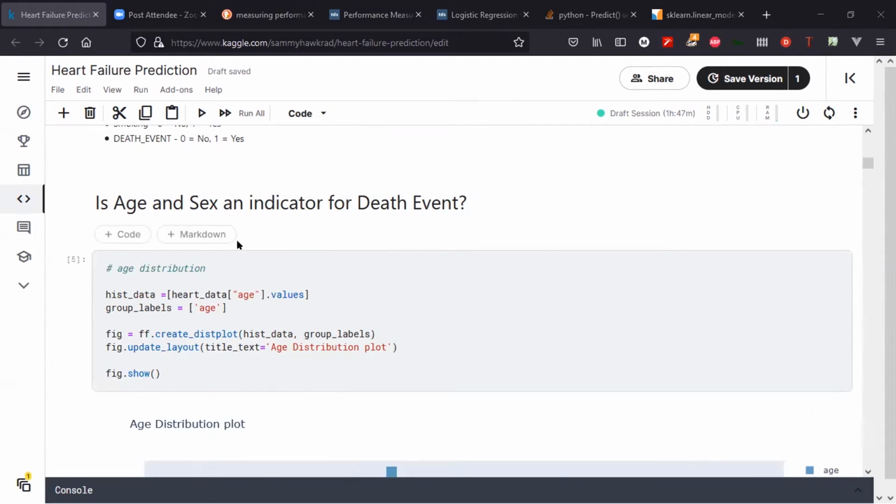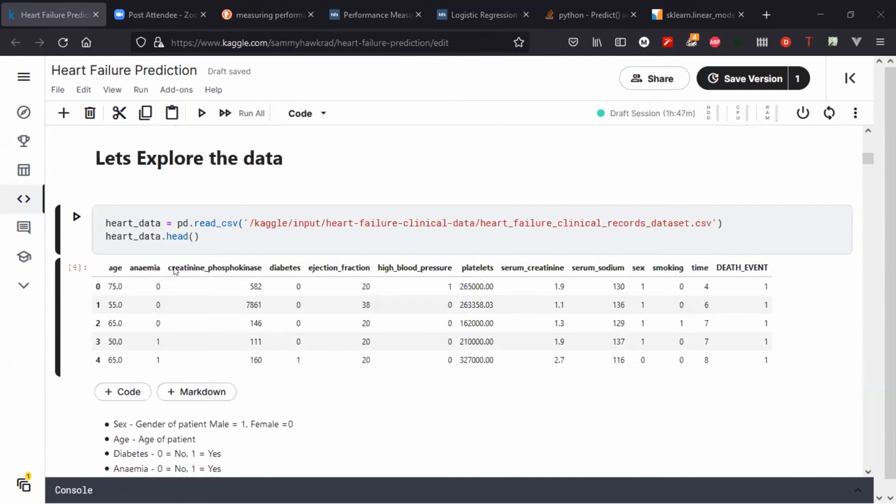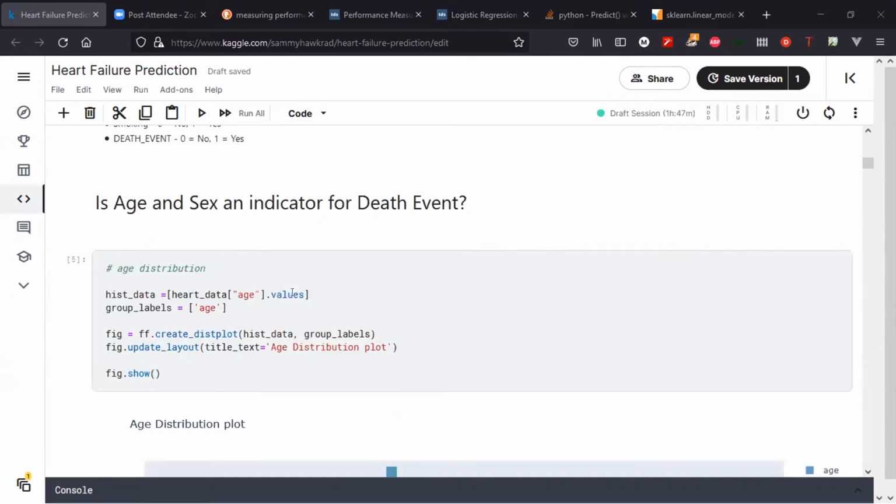You cannot directly tell age is a real or the most significant indicator for death event or not, because that's the reason why we are doing machine learning. We cannot tell by ourselves. The machine learning model will combine all the factors that we have, or the ones we choose, to determine whether a person will survive or not.